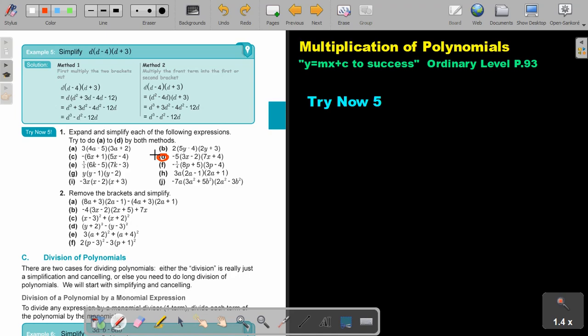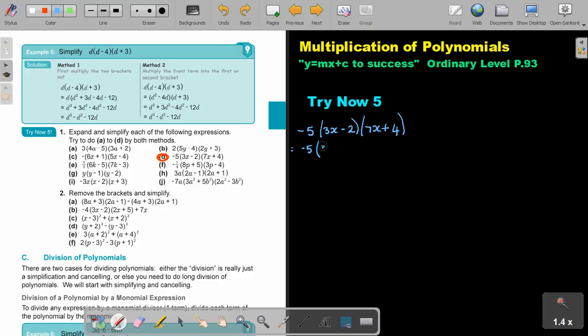Okay, let's start. Again, I'm going to do it on both methods for you. In the first case, it's -5, and then (3x - 2)(7x + 4). I'm first going to keep the term in front.